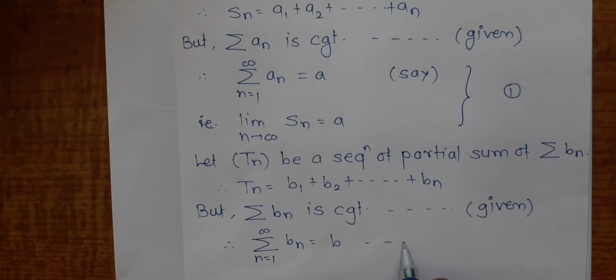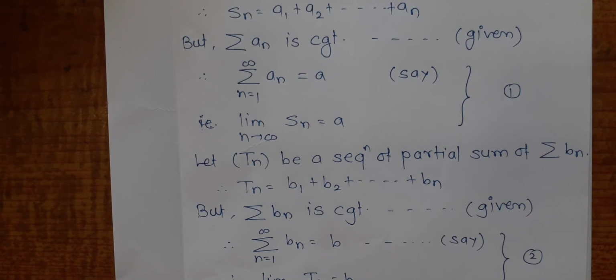It is not given, so we are calling it b. So the sequence of partial sums Tn also converges to b. Combined, I will call this equation number 2.